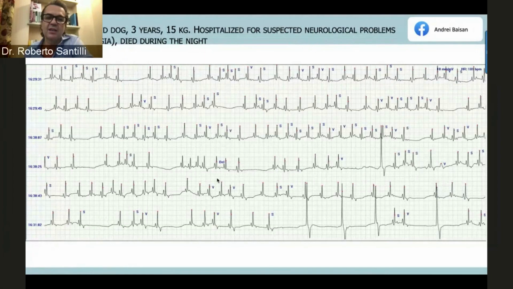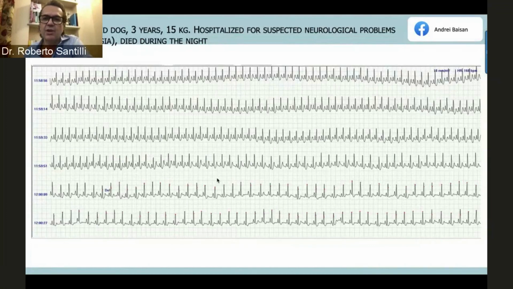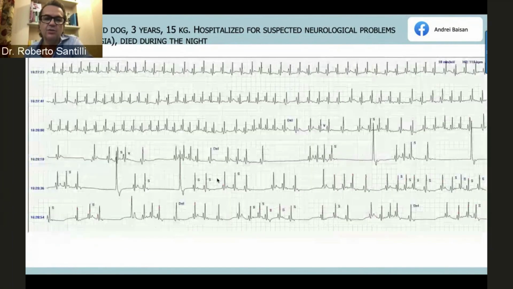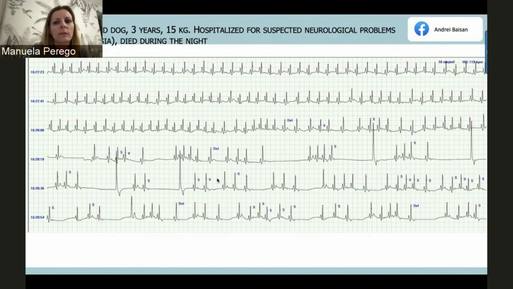The problem is that it moves from a normal functioning of the sinus node, where it is stressed out and then slows down, and then suddenly it starts to work improperly. So I think it's more an imbalance of the autonomic system than an imbalance of the sinus node. It's just responding wrongly to the different central activation of the vagus. Actually, the dog didn't undergo cerebral fluid analysis.